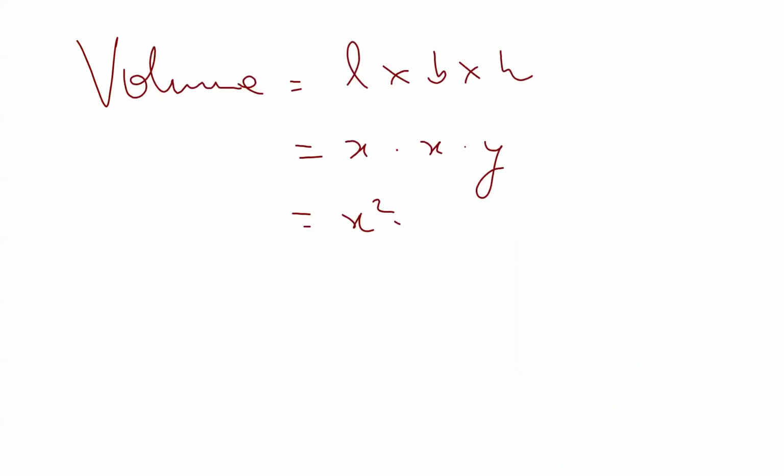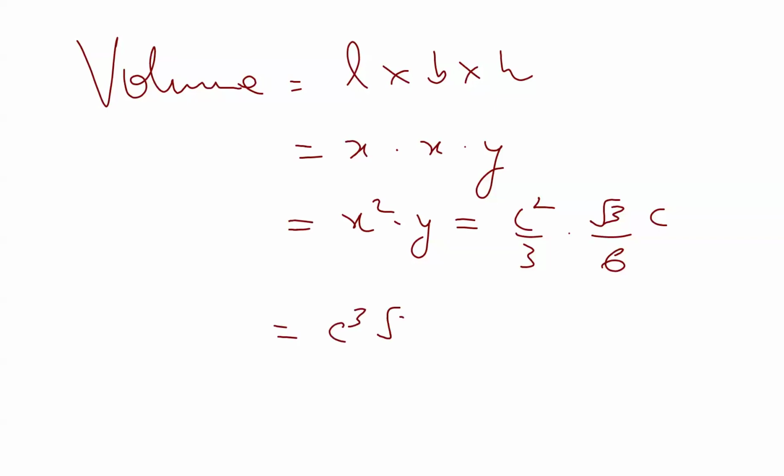Now what I'll do is I'll change the 3 which is there in the denominator as root 3 into root 3. Why are we doing this? Because the problem is asking us to prove something. What is it asking us to prove? That the maximum volume is c cube by 6 root 3.